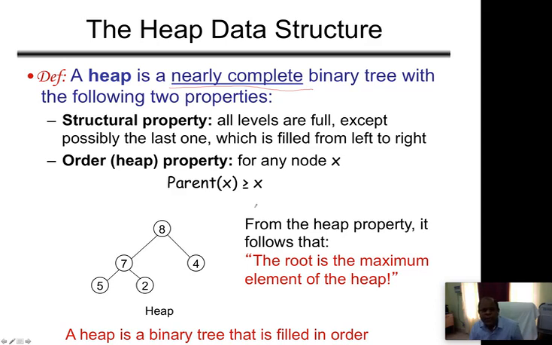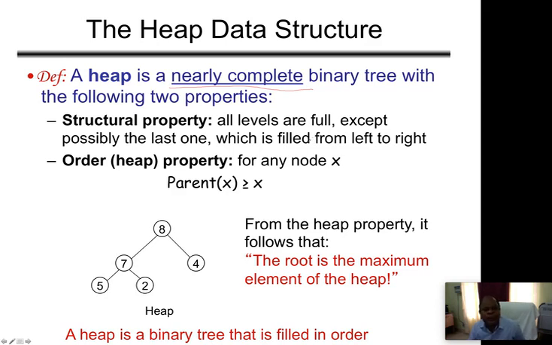complete binary tree. And a nearly complete binary tree is defined like this: all levels are full except possibly the last one, which is filled from left to right.